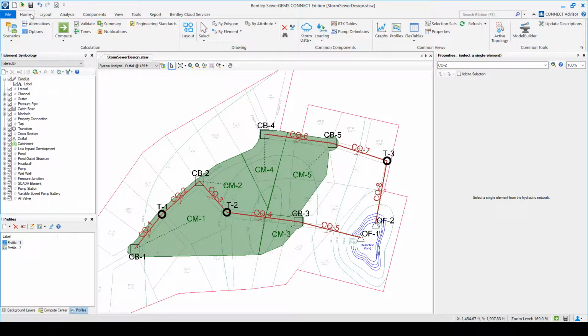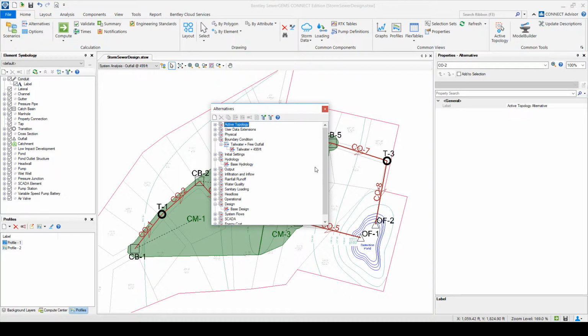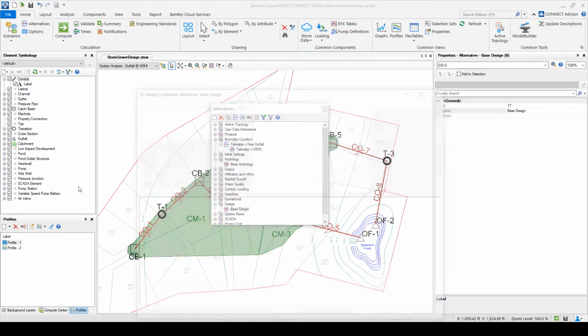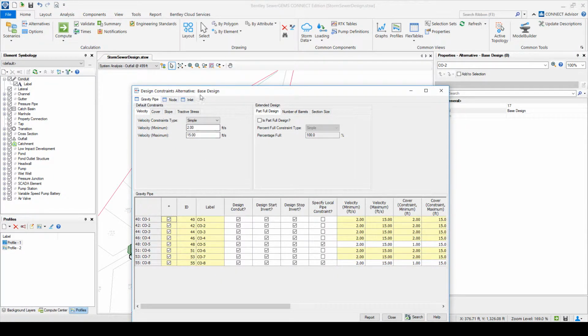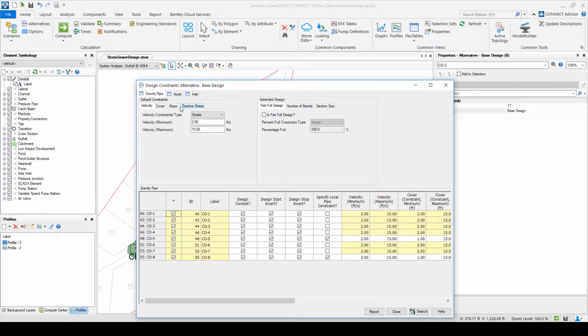And how did we do that? We went to our alternatives, design alternative, and we said, okay, for our pipes, make sure the minimum cover is 2 feet and maximum 15 feet. You're going to see that because of that hill, some of them have a pretty high cover.